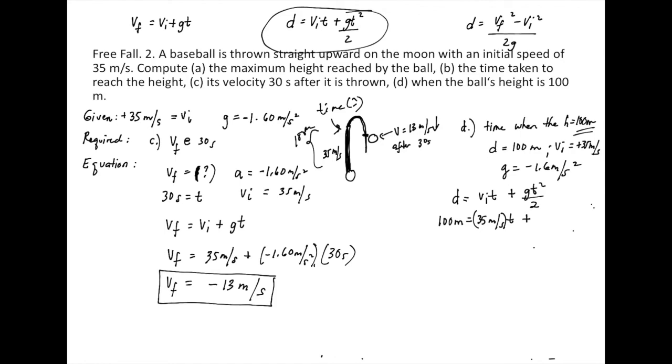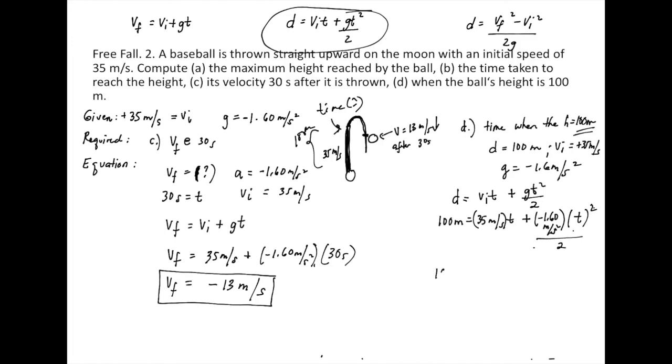The value of g is negative 1.60 meter per second squared, and then the value of time, which we don't know, but this time it is squared, and then divided by 2.